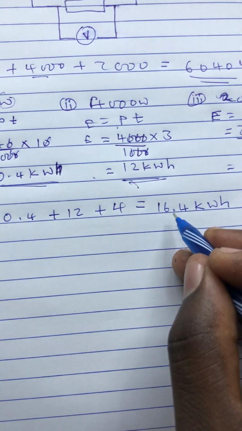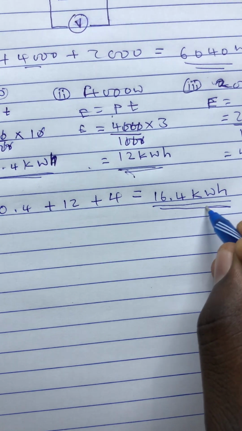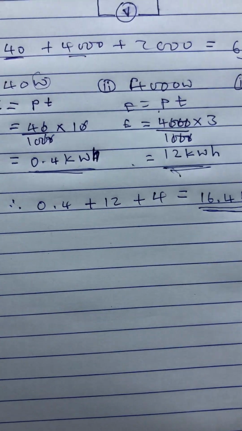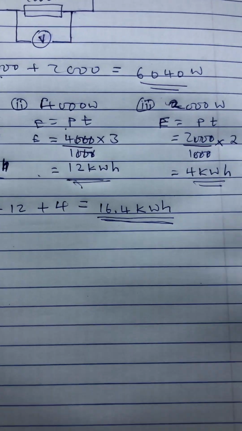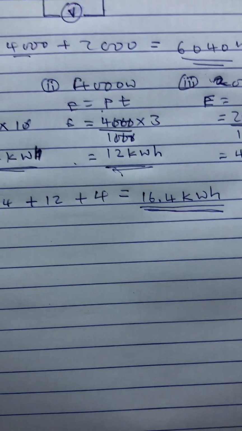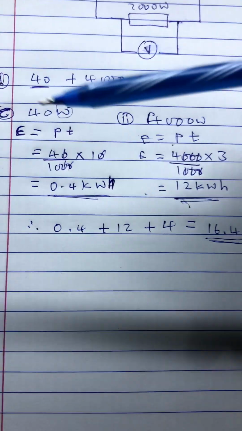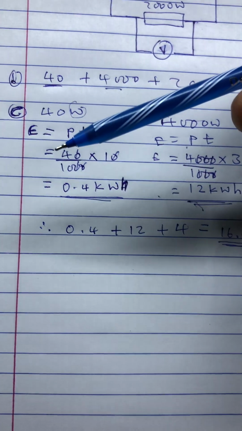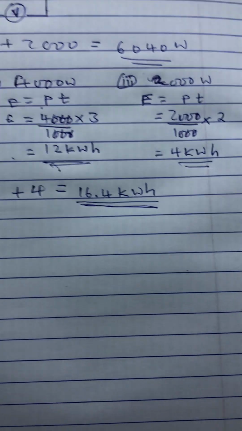So this was the total energy that these appliances consumed a day. If you've seen, I started by calculating their respective energies in their respective times. This one was running for 10 hours, this one for 3 hours, this one for 2 hours.